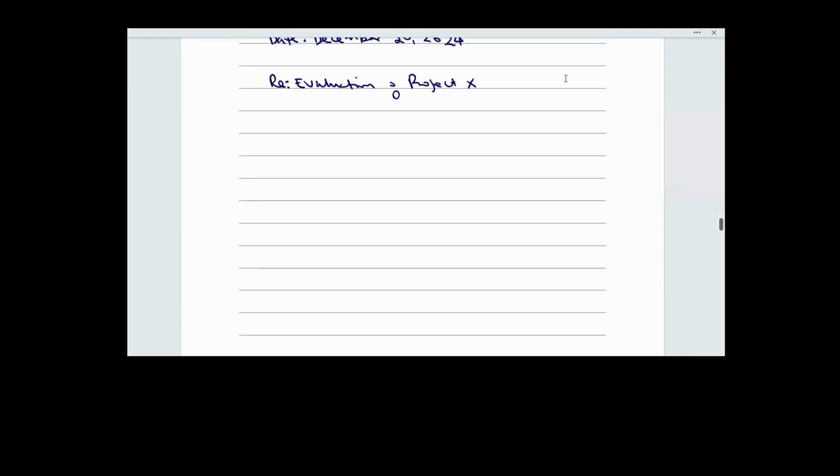Now, this re simply means we are referencing our initial discussion. You are calling the attention of the person you are sending the report to that we've had a discussion before on this.